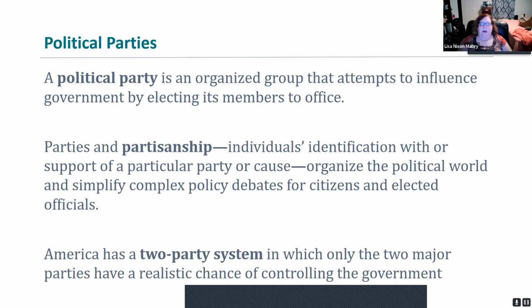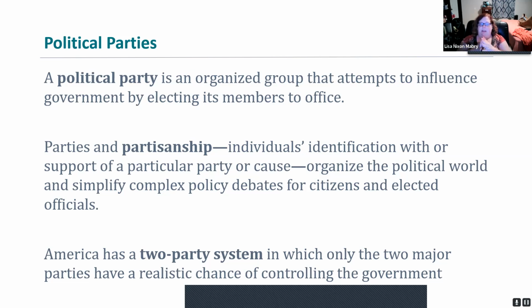So a political party, hopefully you all pretty well understand what that means. It's an organized group of people who have similar beliefs and values about how our government should operate. And they all register as the same political party. And that organized group tries to influence government by electing similar-minded people to office.